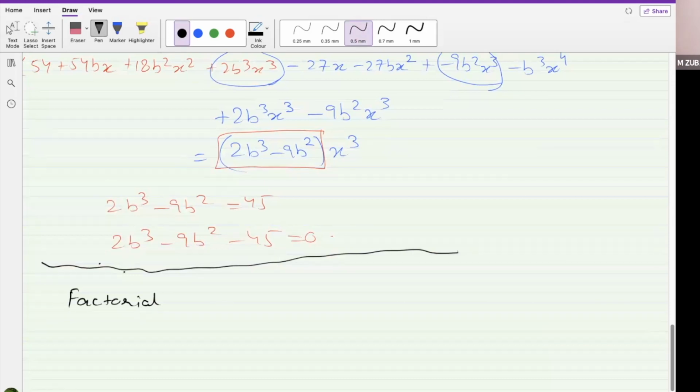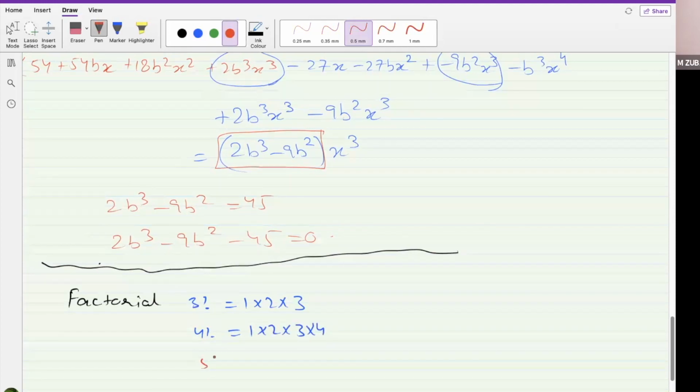Factorial, basically you multiply up to the number, whatever is given. Suppose you have 3 factorial, so you'll write 1 into 2 into 3. 4 factorial is 1 times 2 times 3 times 4. 5 factorial is 1, 2, 3, 4, 5.